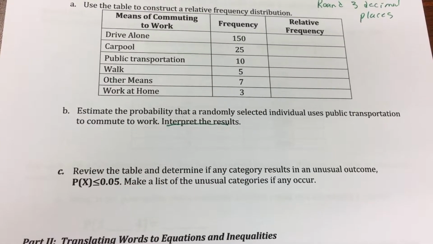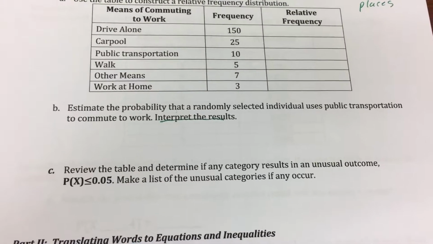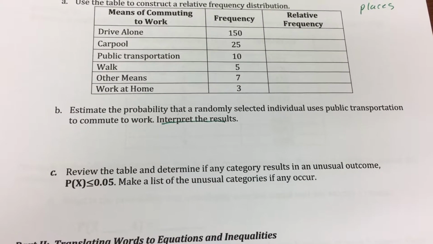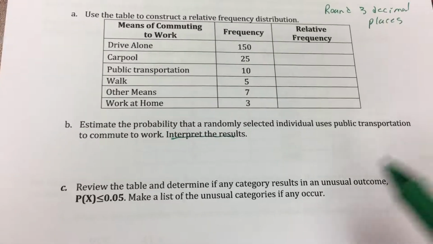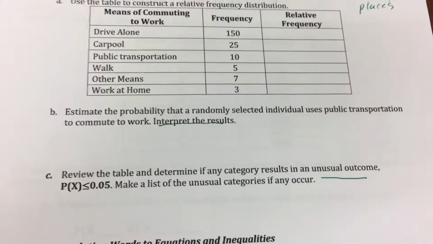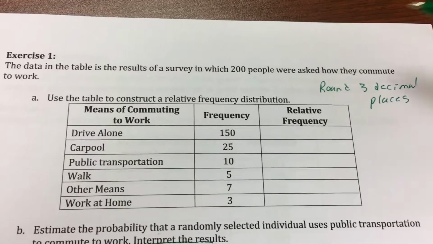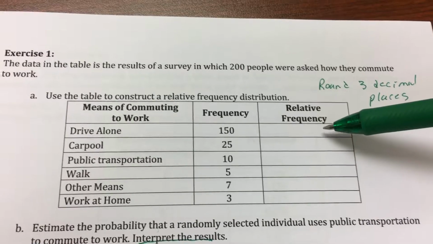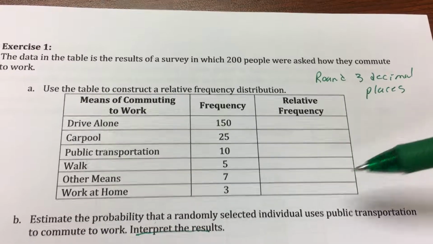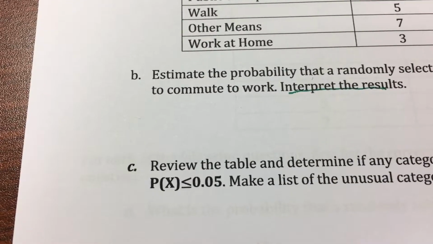And then on part C, notice it says review the table and determine if any category results in an unusual outcome. Remember, unusual is when your probability is less than 0.05. So when you get this relative frequency table completed, you're going to see if there's any values that are less than 0.05.